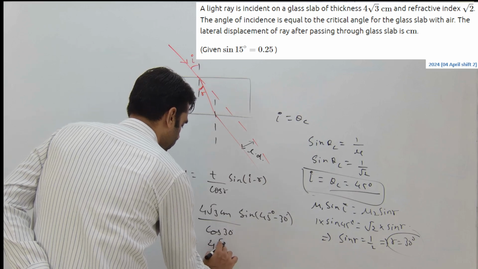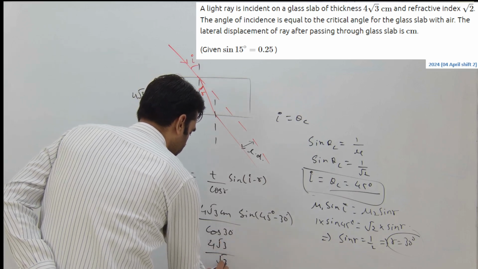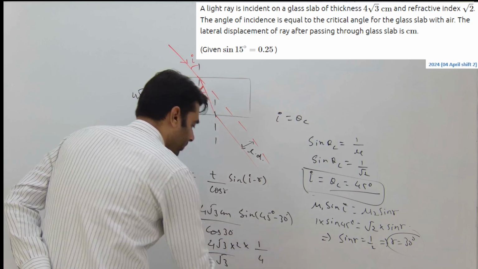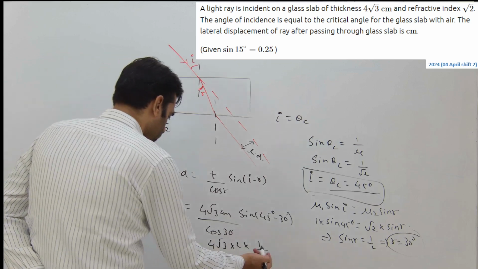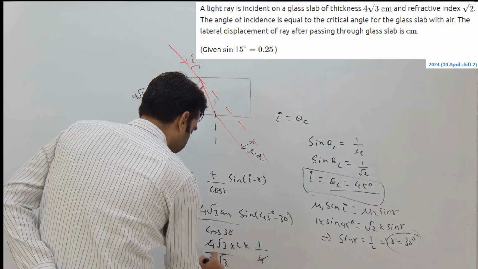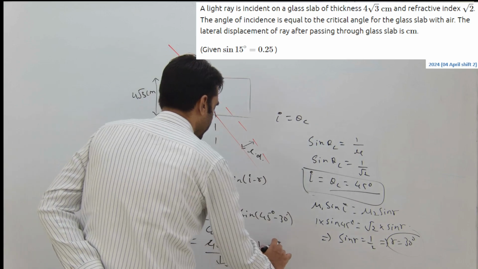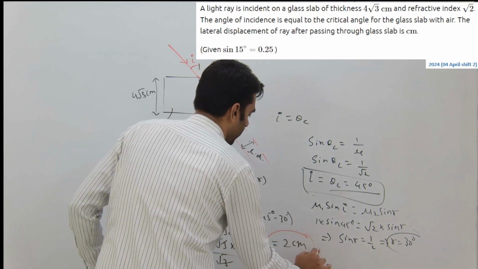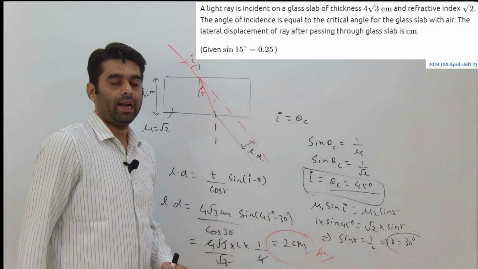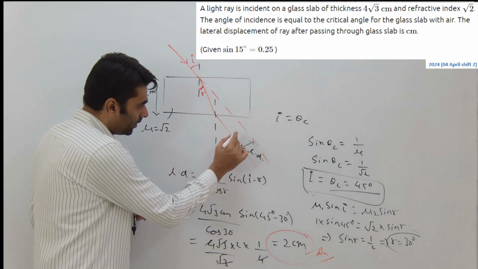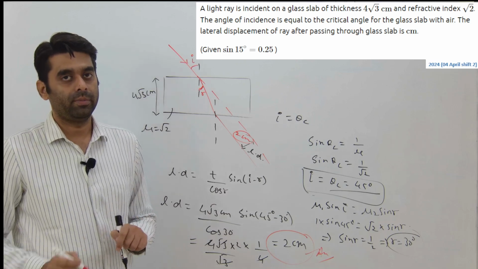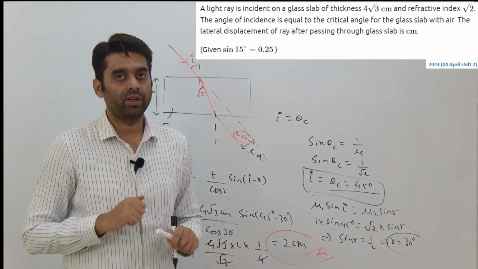So 4√3 by √3 into 2 into sine 15, given as 0.25, that is 1 by 4. So what we are left with, 4 cancels, √3 cancels, we get 2 centimeter as our answer, right? So the lateral displacement, that means the shift in the light ray, will be 2 centimeter. I hope it's okay. Let's move to the next question.